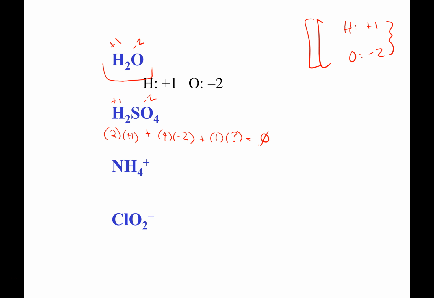I have one equation, one unknown. So if it was H2SO4 plus, I don't know if that's possible, then it'd be equal to 1? Yep. So I get 3 here, I get -8 here, so we're looking at 5 plus question mark is equal to 0. Does that seem right?